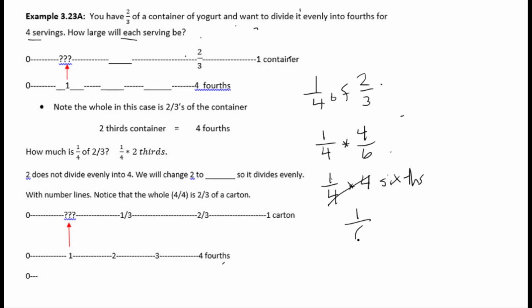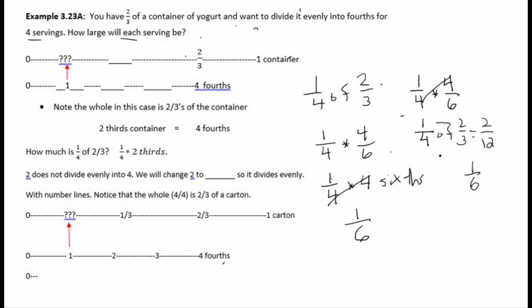So that was the answer. Now it looks like if I just did 1/4 of 4/6, the 4s would cancel and I get 1/6. So let's do 1/4 of 2/3. And if I multiply straight across, I would get 2/12. But 2/12 reduces to 1/6.